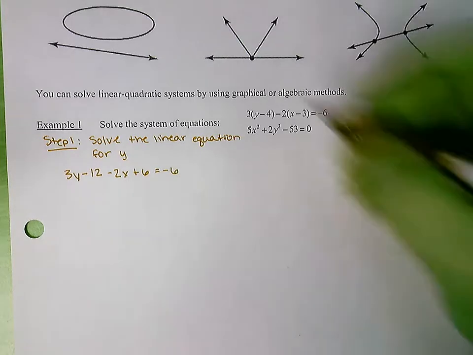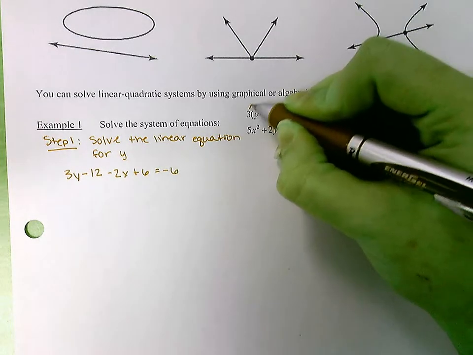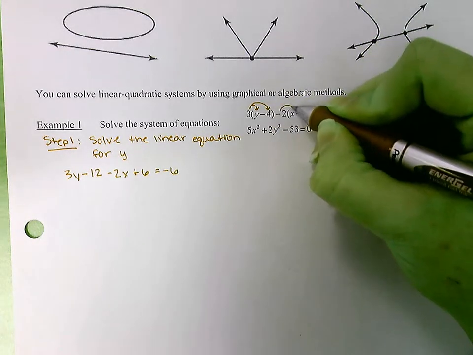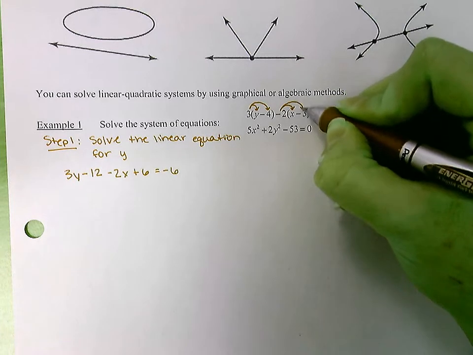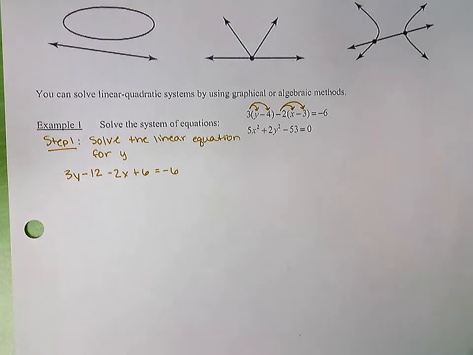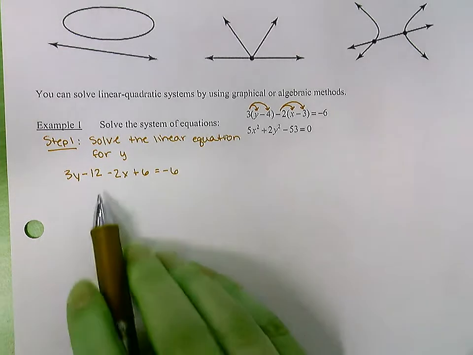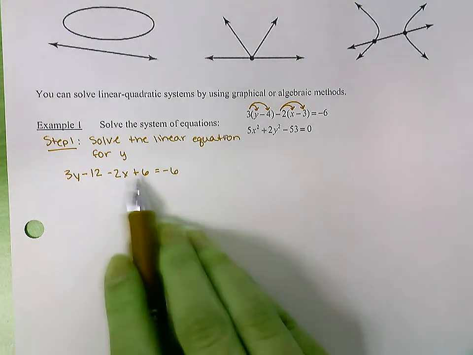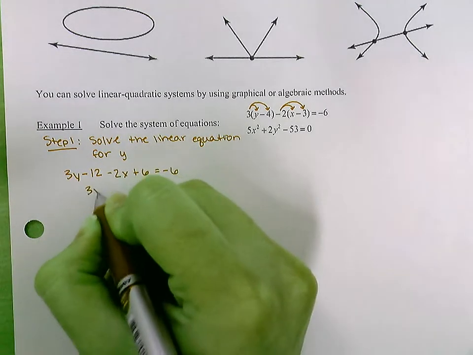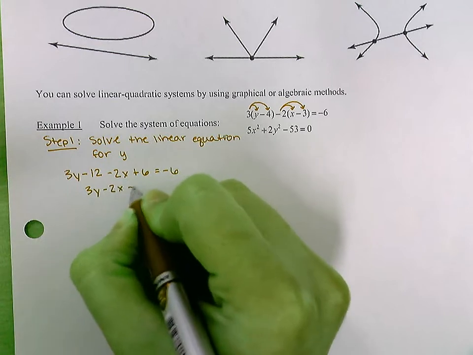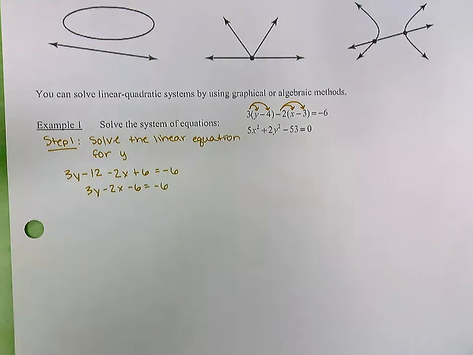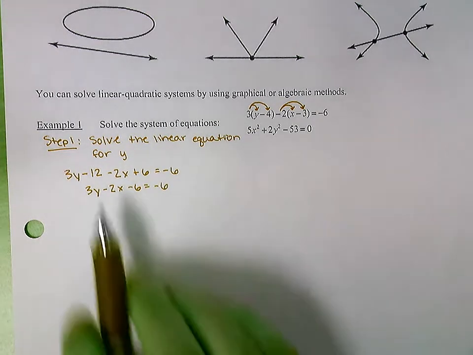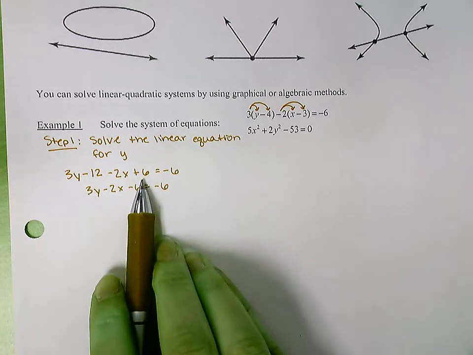All I was doing was distributing that to both terms in both cases. Now I want to combine like terms. So I have 3y minus 2x minus 6 equals negative 6. I just combine that negative 12 and that positive 6.